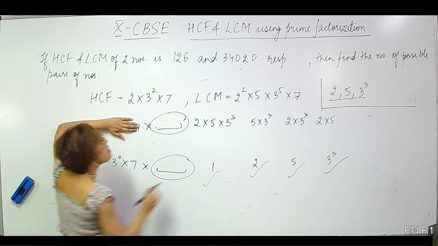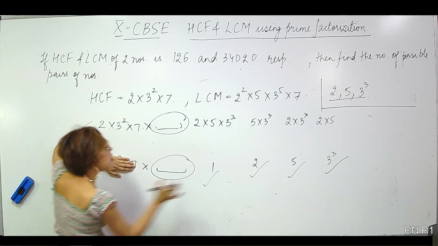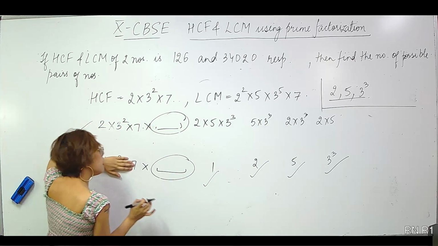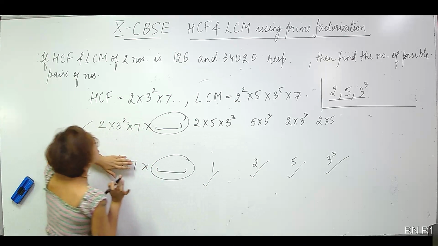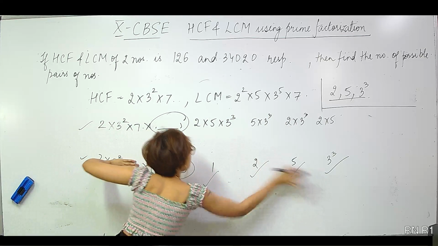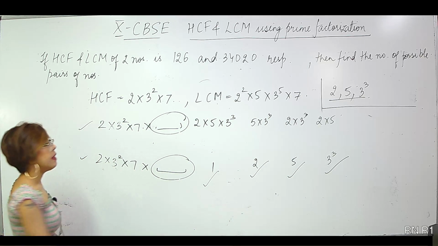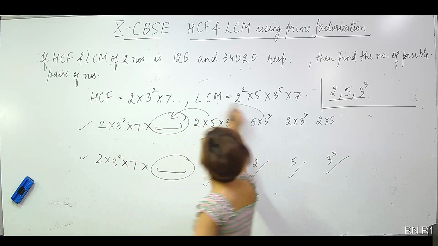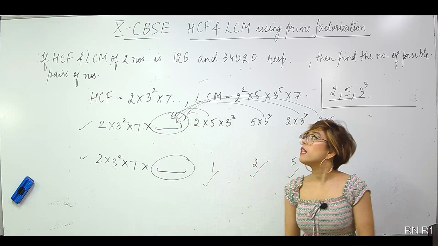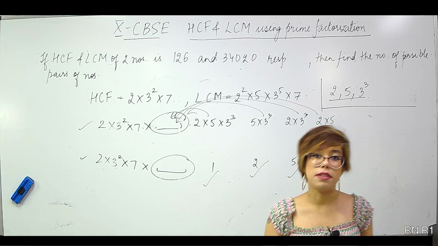The second possibility is this into this, and second this into this. Third, this into this, second this into 5. And last, this into this into this. Right? So I'm hoping you can see how 4 possibilities are occurring over there. And this will give us 4 pairs of numbers.